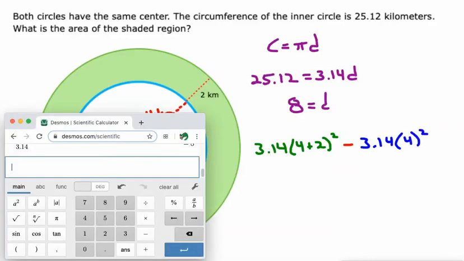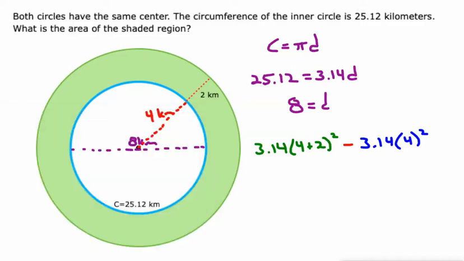Again, let's grab our calculator and do that. 3.14 times 4 plus 2 is 6, squared, minus 3.14 times 4 squared. 62.8. And again, we're dealing with kilometers, so kilometers squared or square kilometers.